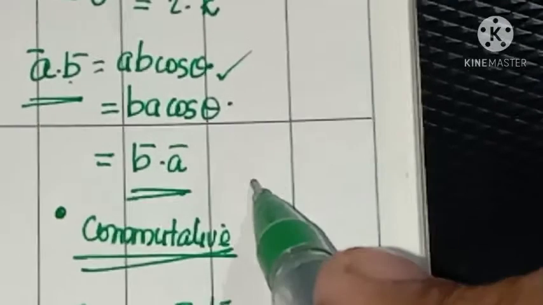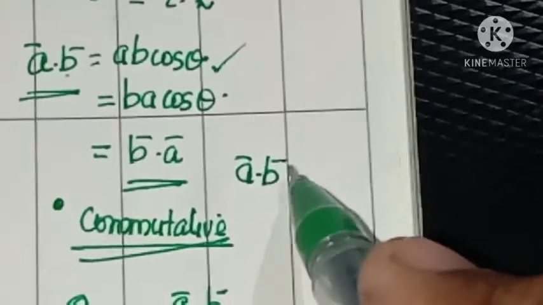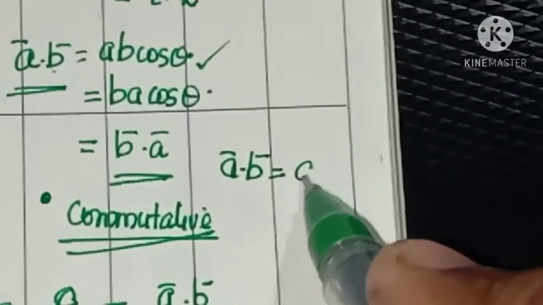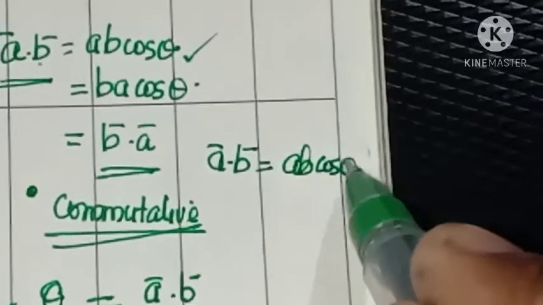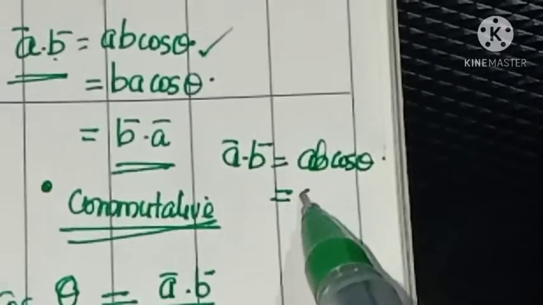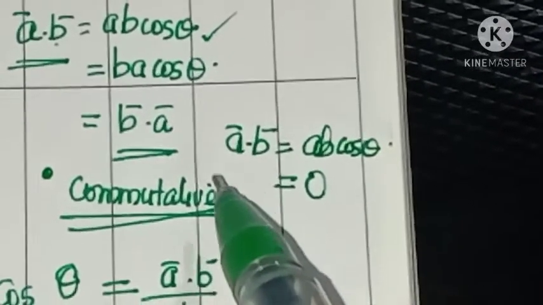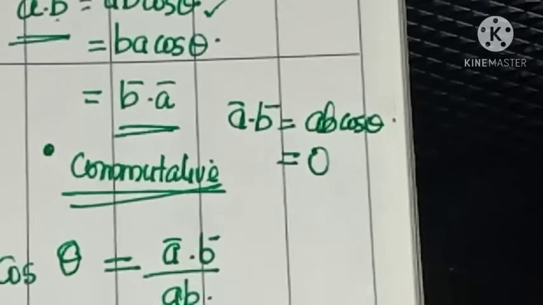So remember by heart the formula: dot product of two vectors, A dot B is equal to AB cos theta. If it is equal to 0, then the vectors are perpendicular to each other.